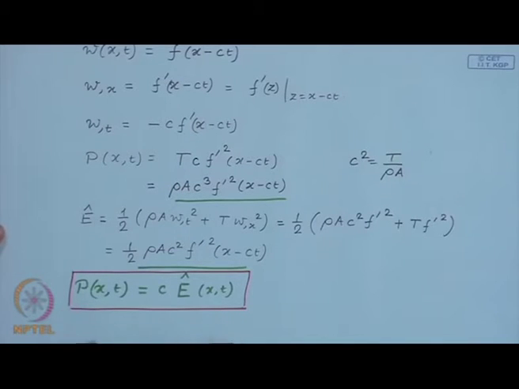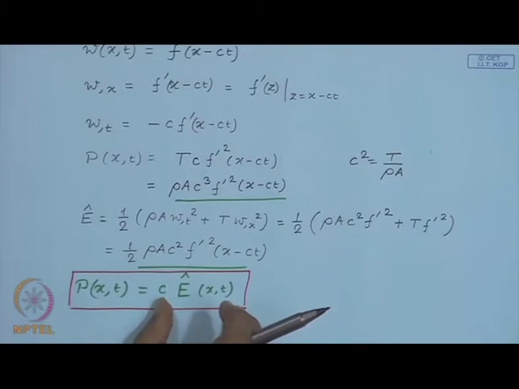The energy contained in the string, in terms of the kinetic and potential energy at any location x and time t, is flowing at the phase speed, that means the speed of the wave in the string. So, the energy is flowing at the phase speed of the wave.